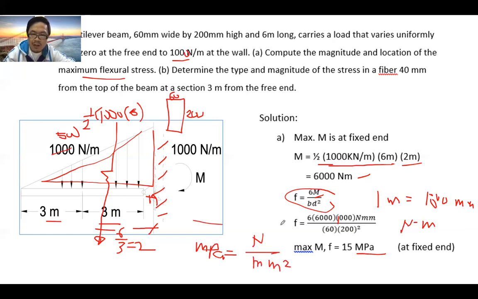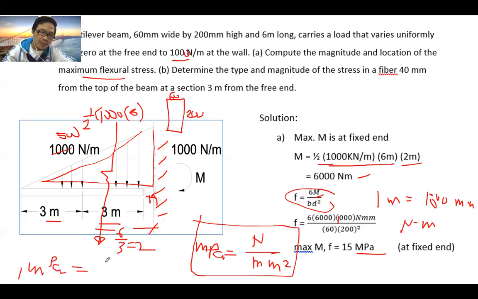Okay? Tandaan nyo lang to para hindi na kayo nag-conversion. Kasi pag may kilonewton ka dito, tapos meter lahat, so magiging kilopascal yan. Mag-convert ka pa ng 1 megapascal is equal to 1,000 kilopascal. Okay?